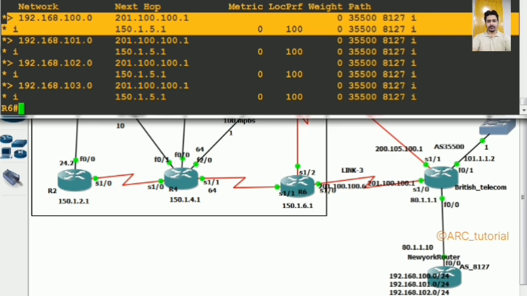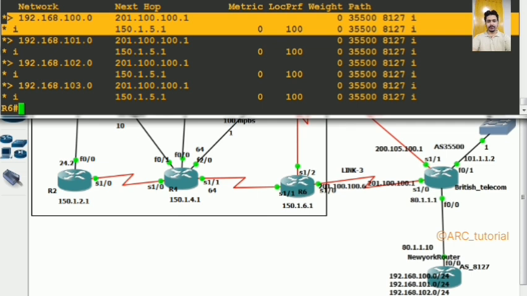If it were considering the local preference, then of course it should have selected its best path via R5 only, not via BT. Remember that if local preference is nothing, is blank, then also BGP considers it as 100.